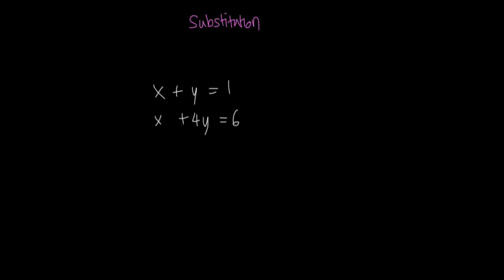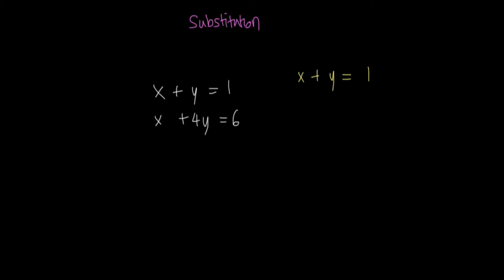So if I take a look at just the first equation here, we have x plus y equals 1. Now if I want to solve for y first, then I have to get x alone by itself.